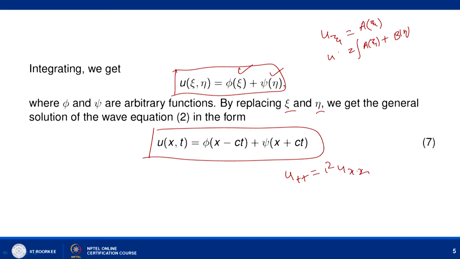So this wave equation has the following form. Here phi and psi are some arbitrary functions, and we can use the initial and boundary conditions along with this equation to find out these arbitrary functions, phi and psi. Now this we have obtained using only the characteristic equations.